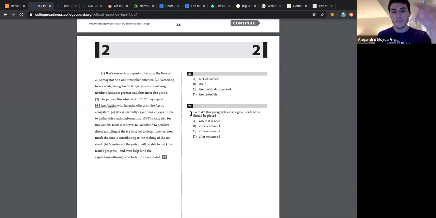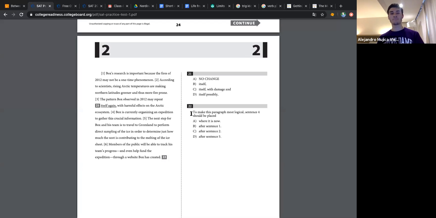So sentence 4, currently organizing an expedition. So this is a research expedition. And 1, 2, and 3 have nothing about a research expedition. Number 5, however, talks about the next step, which is the research expedition.